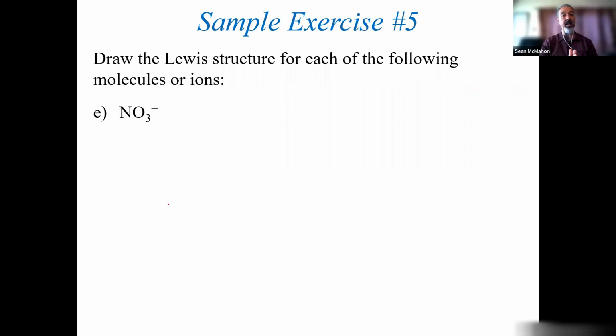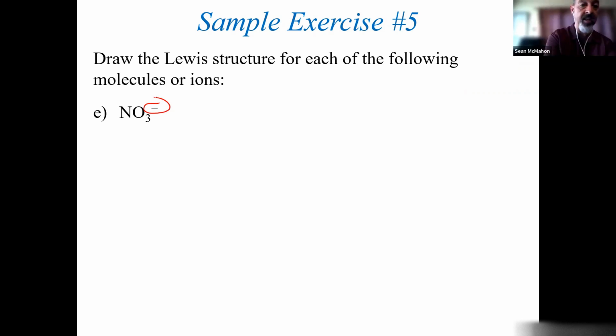So this is not a compound. Why is this not a compound? It's not neutral. So this is actually an ion. How do I know? There's a negative charge. So it's an anion. More specifically, it's a polyatomic anion. More specifically, it's an oxyanion.